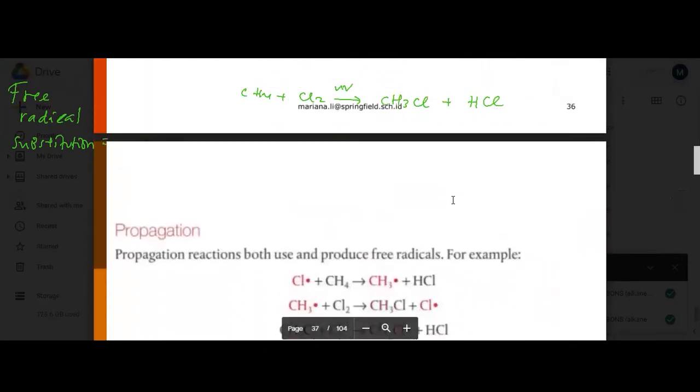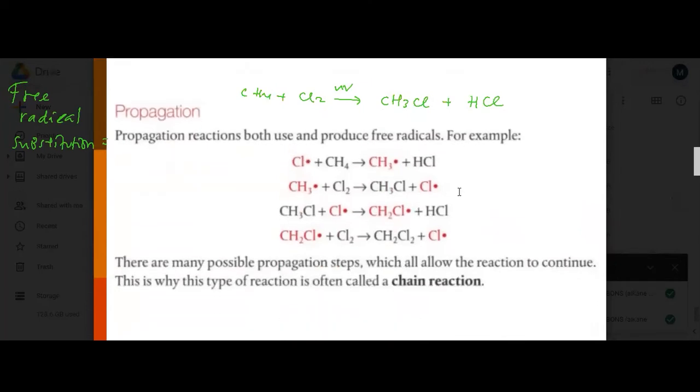How to get one more electron is by the propagation reaction. This is the second step of free radical substitution. Propagate means increase the chain. Propagation uses and produces free radicals.